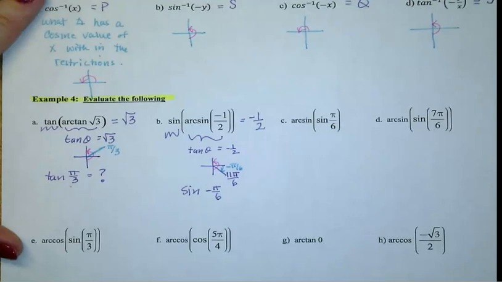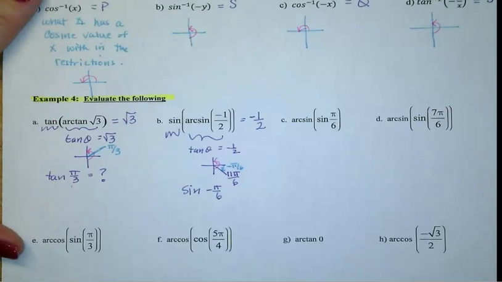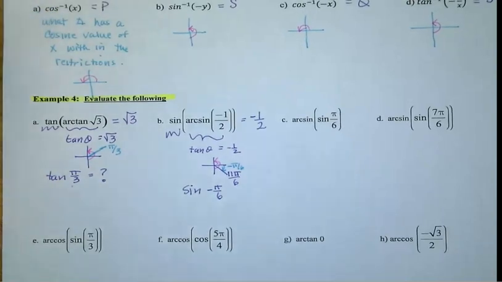Many times that is the case, but not every time. You have to be sure that you're paying attention to if something has a restriction or not. And if it doesn't have a restriction in one place, but it needs one for the other part of the composition, then it might not actually turn out to just be unraveling. So I always suggest definitely working through the process so that you know, because if you have a function that's outside the restriction, then that's going to affect how those cancel each other out.